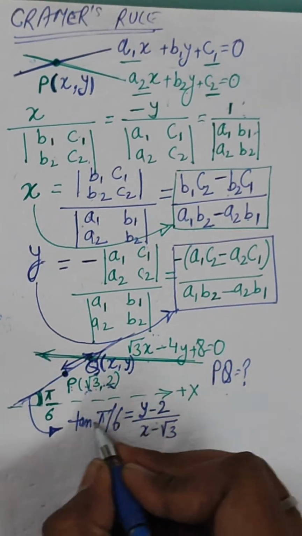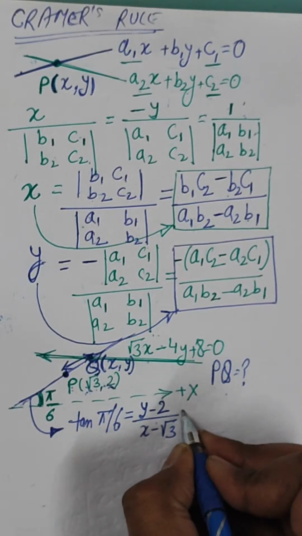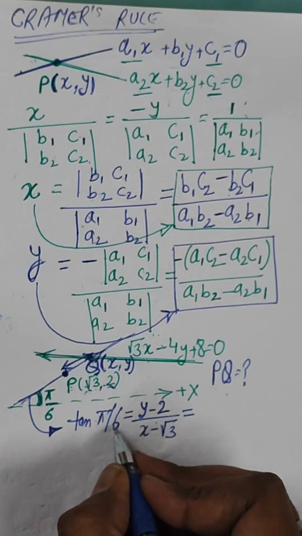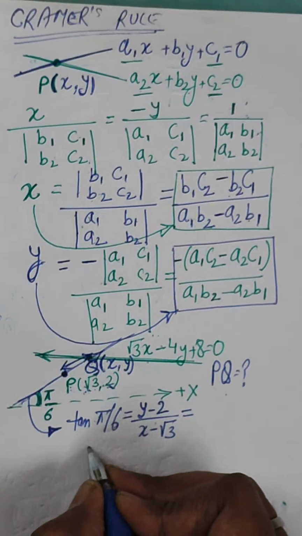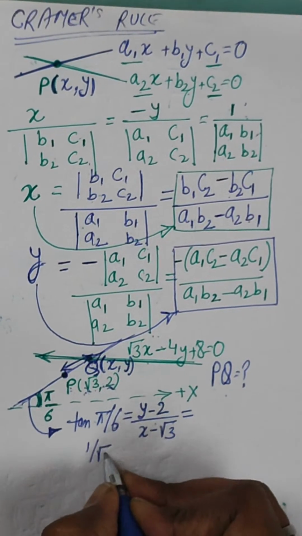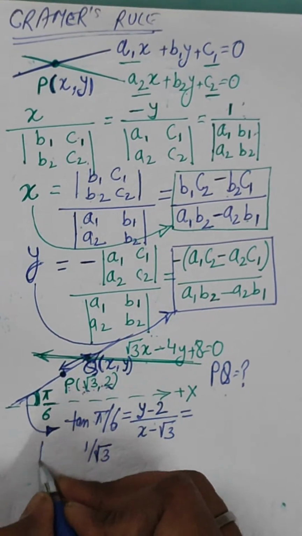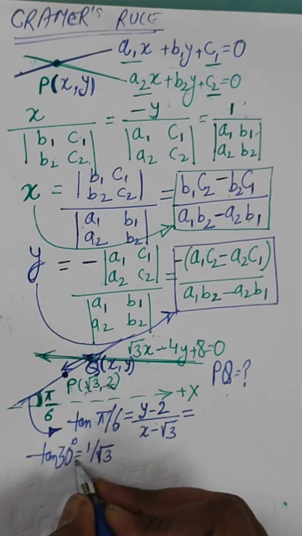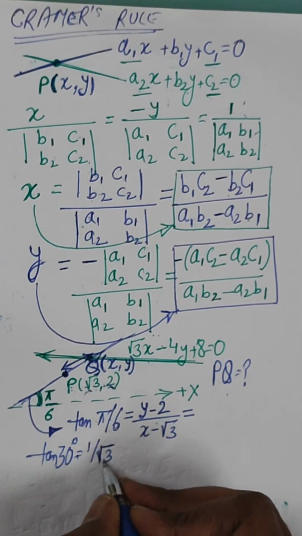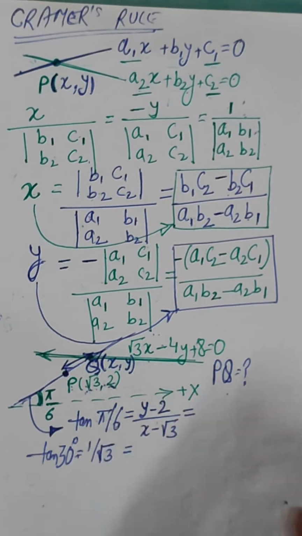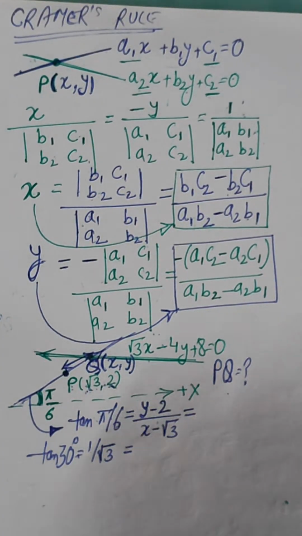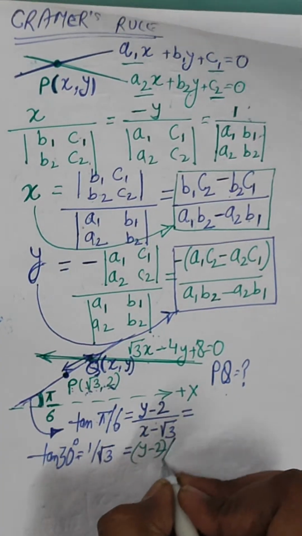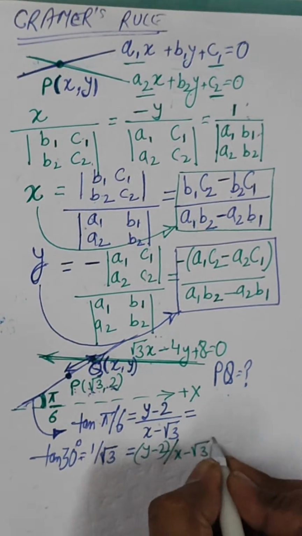So this will give you, since pi by 6 is nothing but 180 by 6, that is 30. Tan 30 is 1 by root 3. Tan pi by 6 is tan of 30 degree, and the value of this is 1 by root 3, and this is equal to y minus 2 divided by x minus root 3.